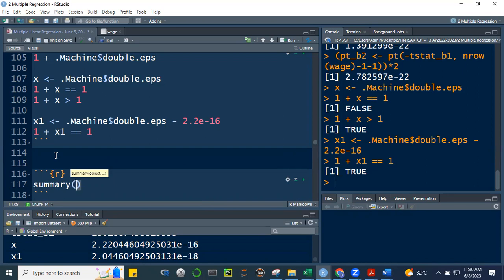The summary of Mod 1. And then the dollar coefficients. Let me just check this. What do we get?